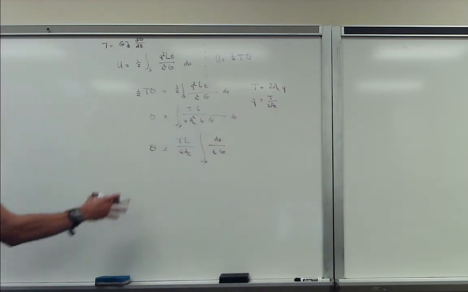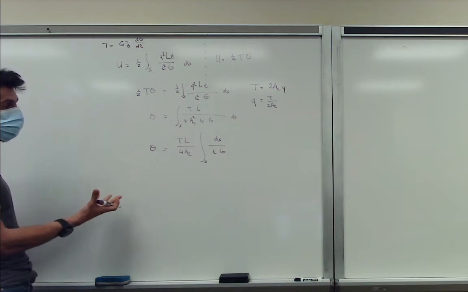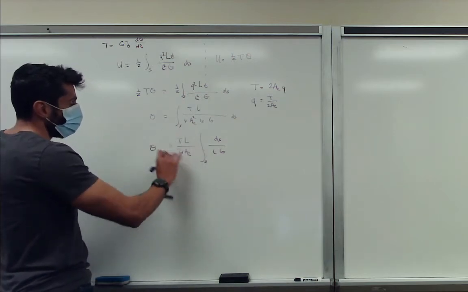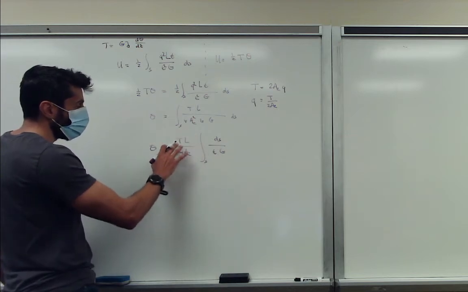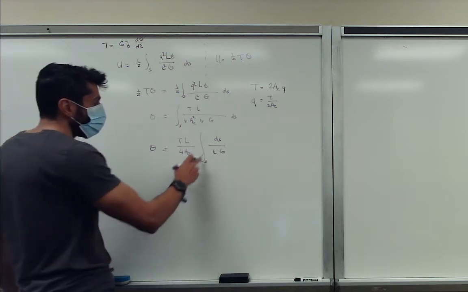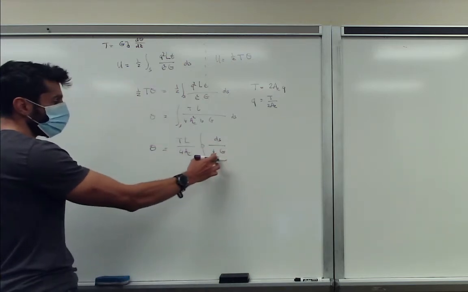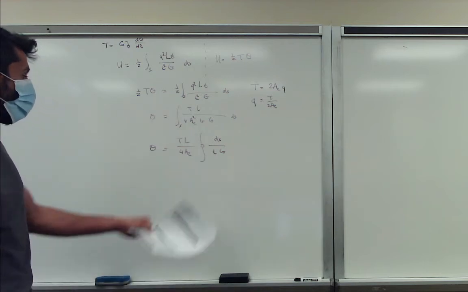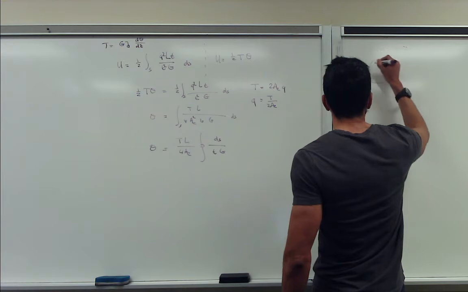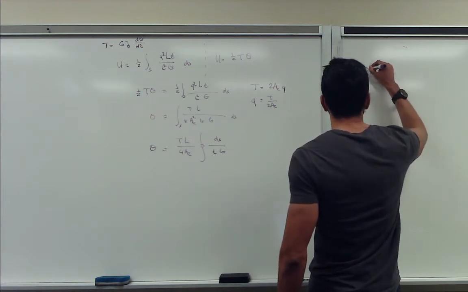So now we have our twist angle due to torsion applied in a thin-walled cross-section case. It's a function of a couple of constants, like the torsion applied, the length, and the area of the cross-section. And the things that can change are the thickness and the shear modulus. You have to think about it like you can have a cross-section that's basically made out of 2 materials with certain different thicknesses.